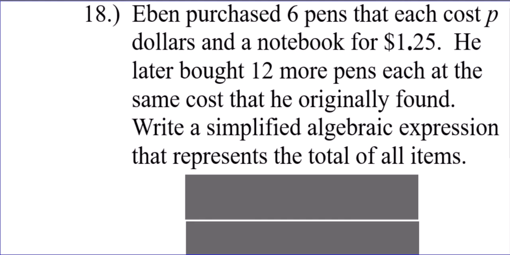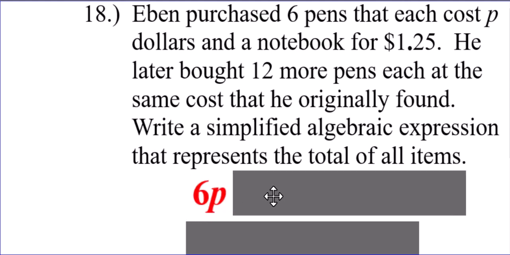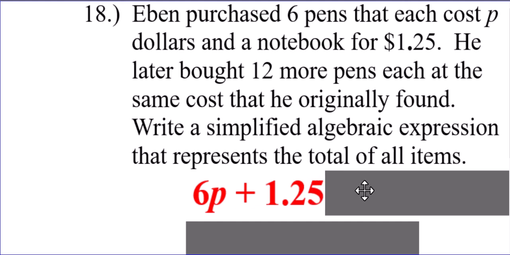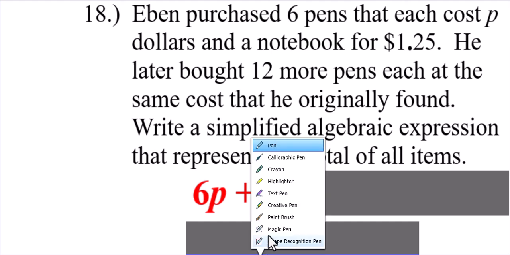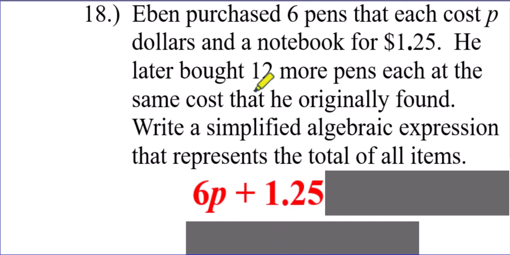All right, I'm assuming you already did number 18. 6 pens that each cost P dollars. 6 times P. A notebook for $1.25. Gonna add by that because we're finding the total of all these items. And then here's the part that's a little bit more interesting. It didn't say 12 and then give you the price of what the pens are. Well, it kind of did. 12 more pens. We already bought pens.